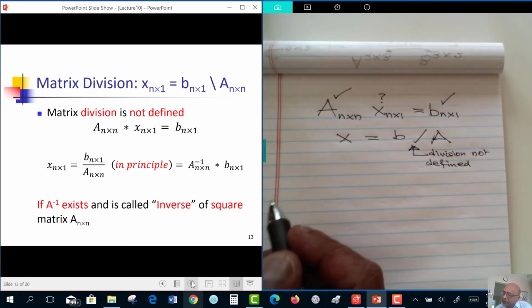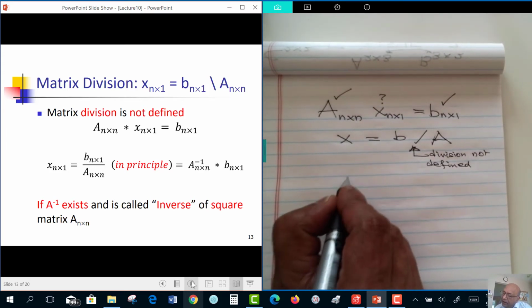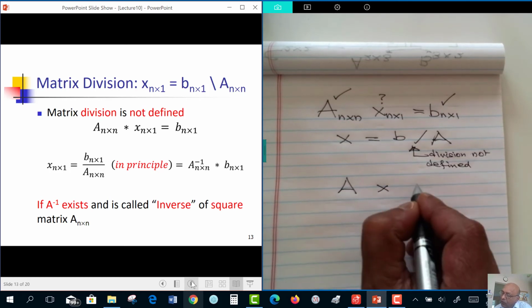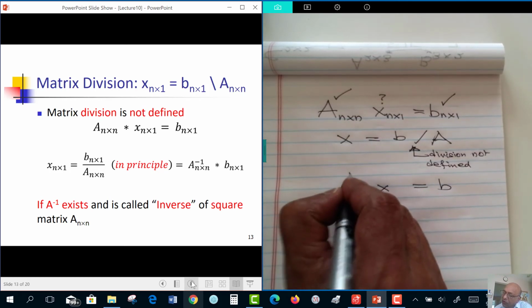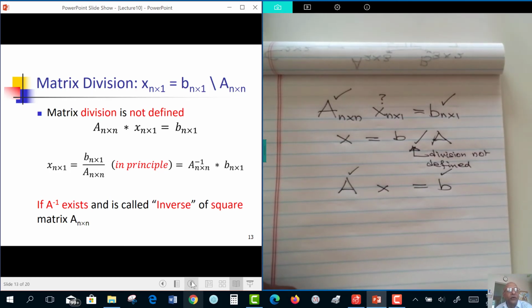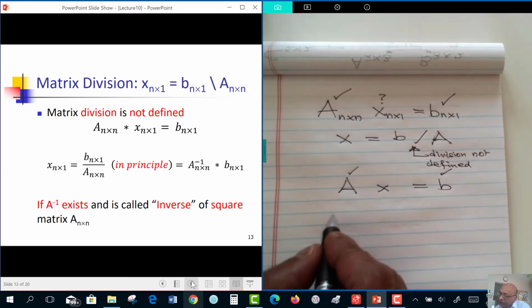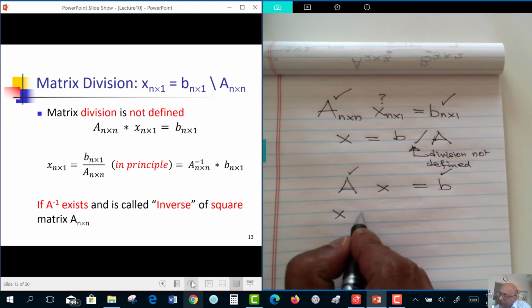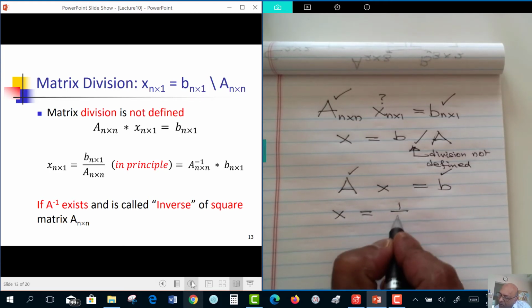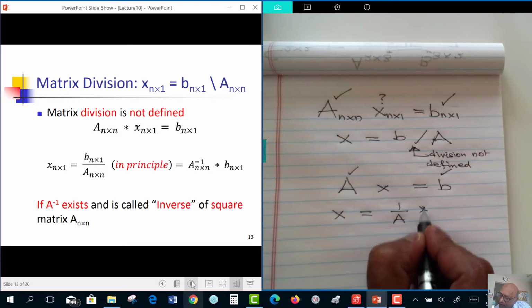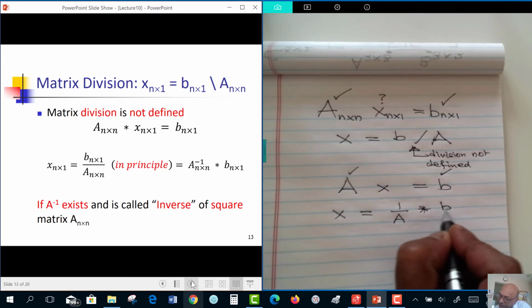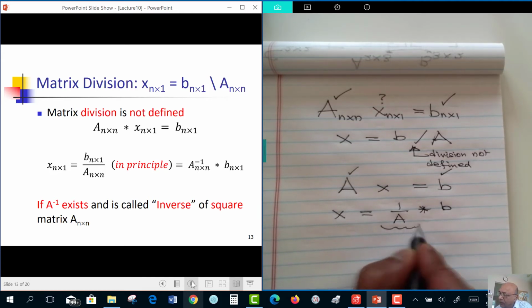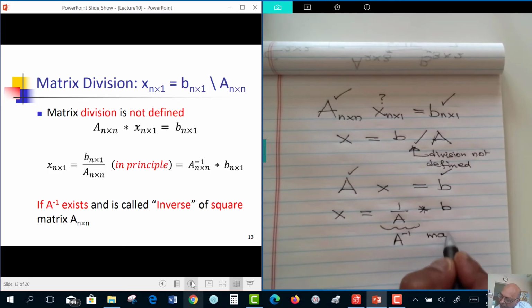So what we do is, since we can't just divide, in principle, we think about multiplication. So we say we are going to take 1 over A and multiply it by b. And this 1 over A is called A inverse or matrix inverse.